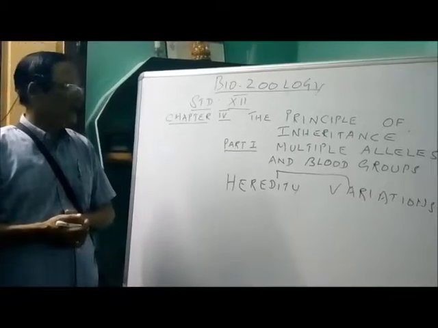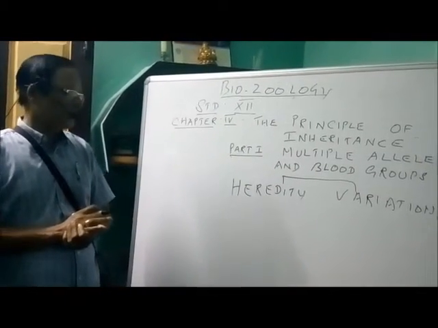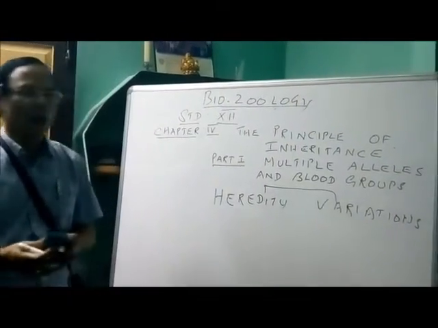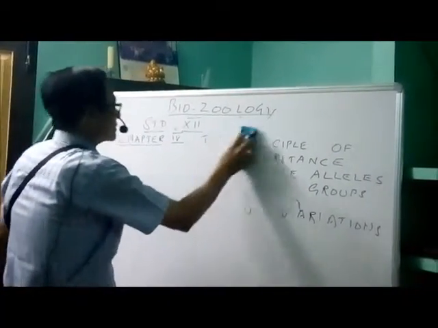Now, in this chapter, in your 12th standard bio-zoology, what are the topics we are going to deal with? Number one, multiple alleles.